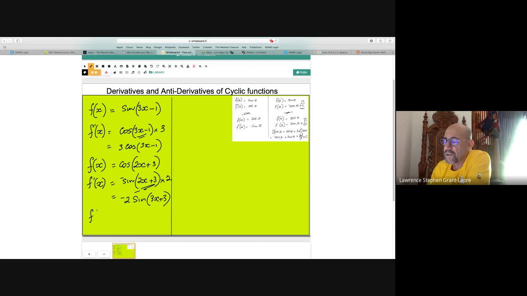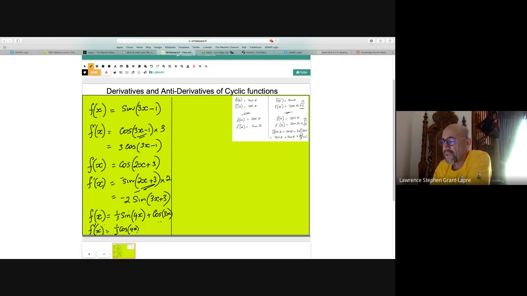Now, of course, you might like to do one more complicated one. Let's say we have 1/3 sine of 4x plus cos of 3x. Well, the derivative of 1/3 sine of 4x is 1/3 cos 4x.